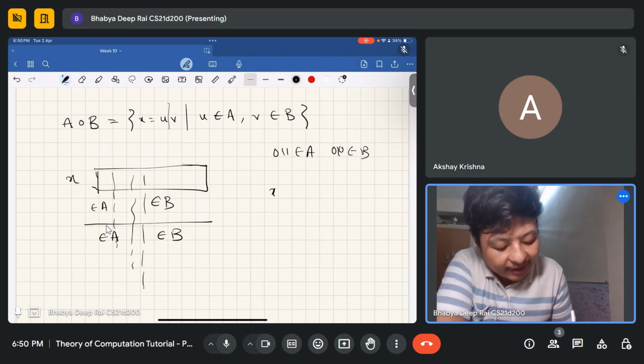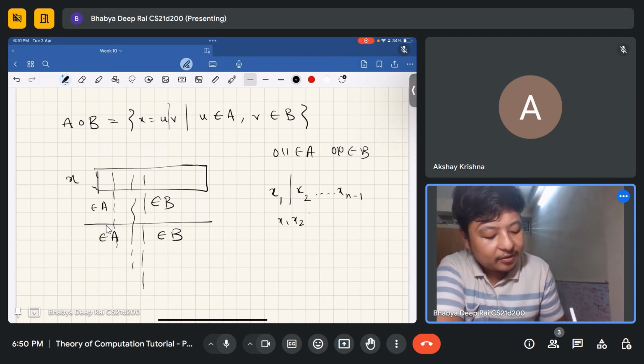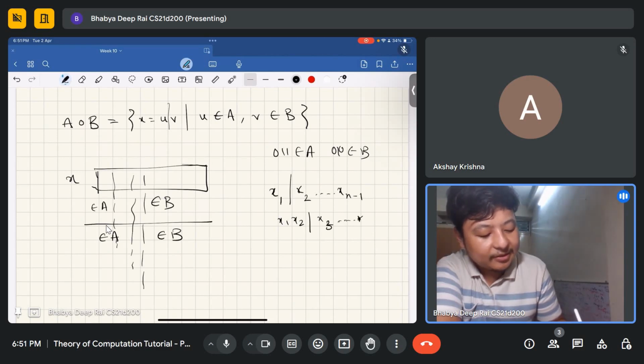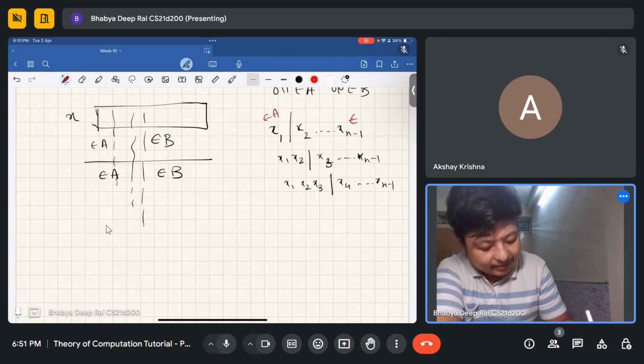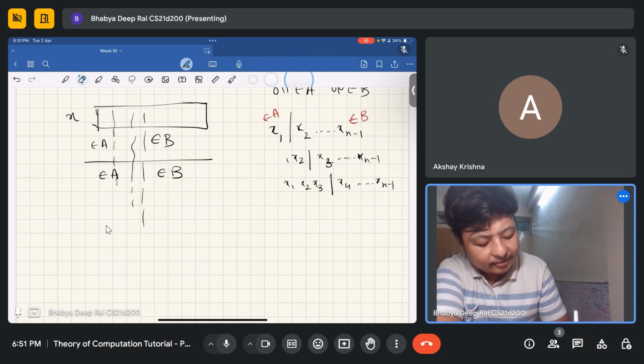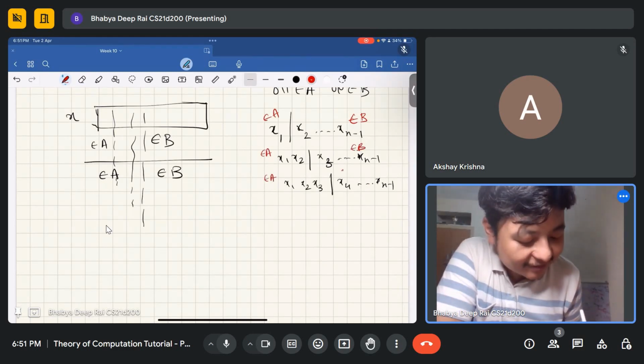I need to check x1 and x2 through xn minus 1, then x1 x2 and x3 through xn minus 1, then x1 x2 x3 and x4 through xn minus 1, and check whether each prefix is in A and each suffix is in B. I need to keep checking.